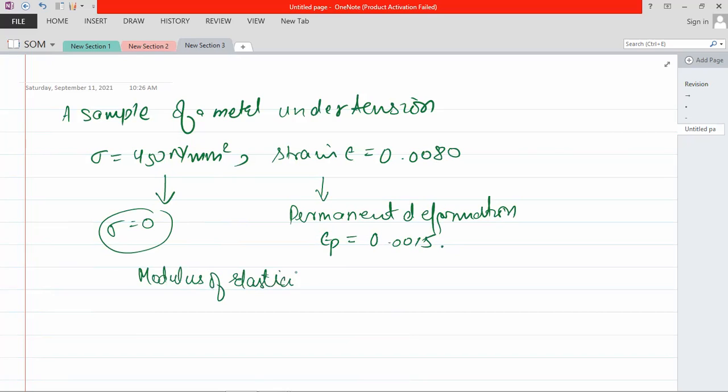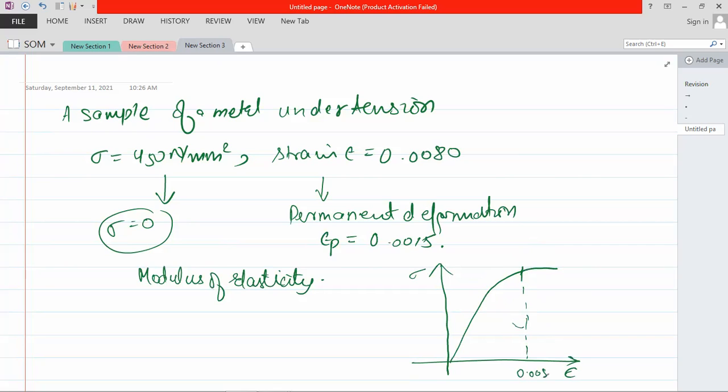So let me draw this in a figure. Suppose this is your stress strain diagram, and you are testing a metal under tension, and up to this point it is tested, and here the strain is 0.0080, and the stress is 450 Newton per mm square.